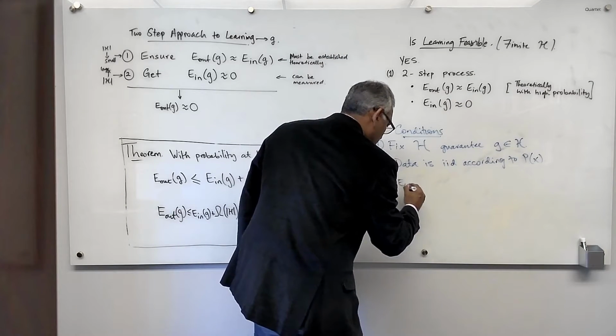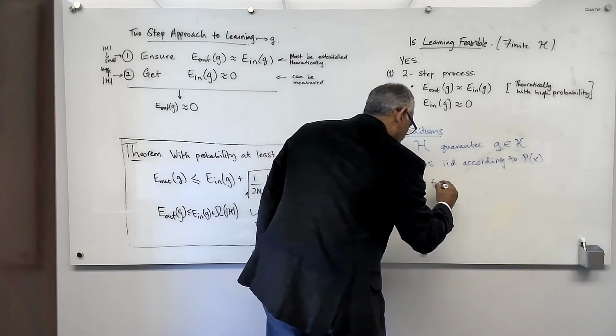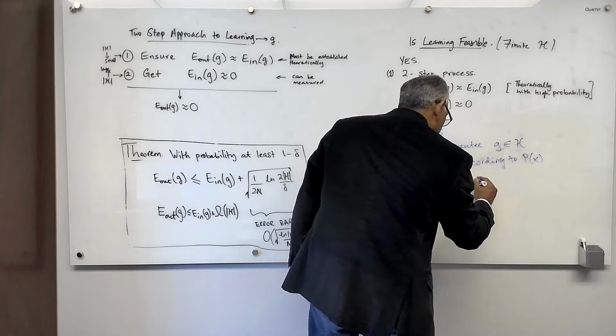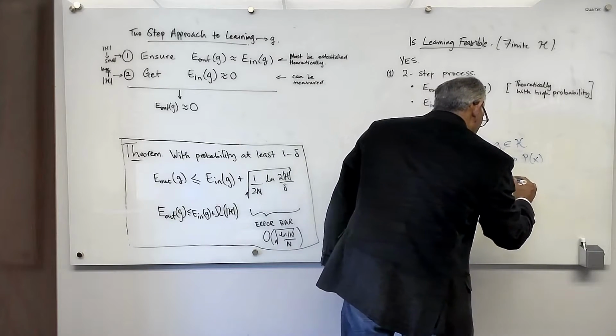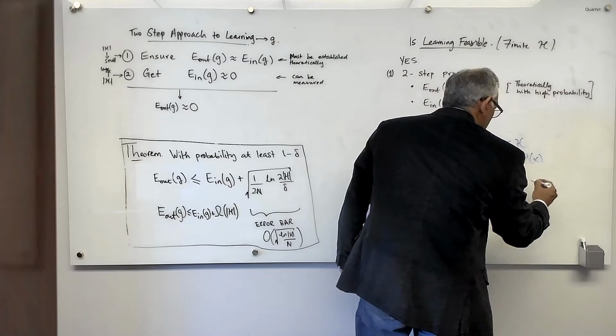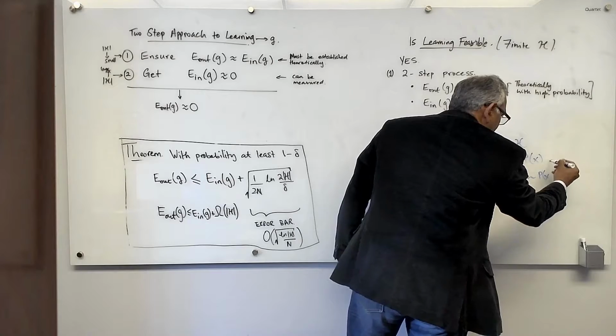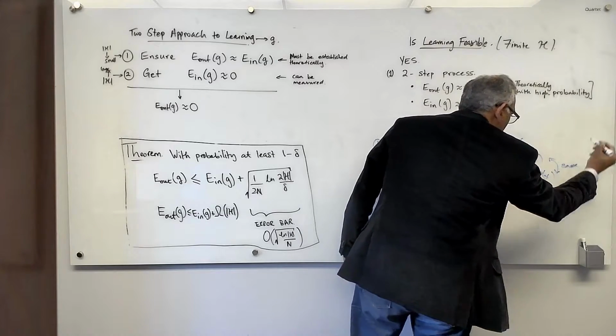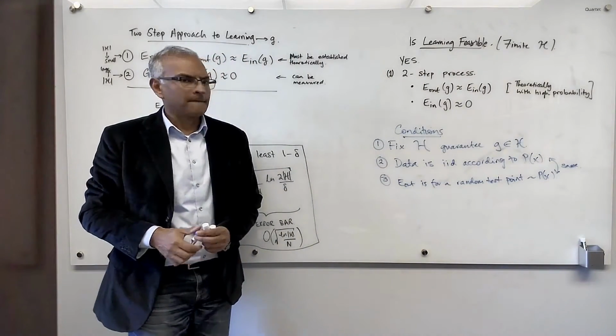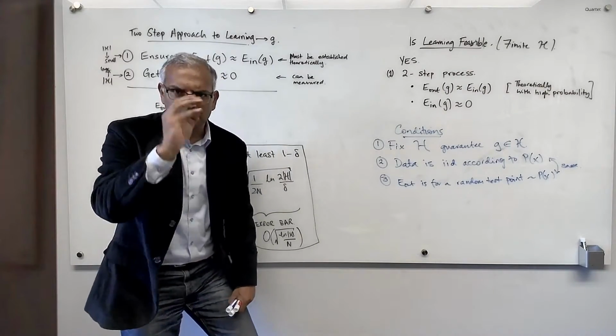So Eout is for a random test point, according to P of X, the same P of X. Okay, the same P of X.